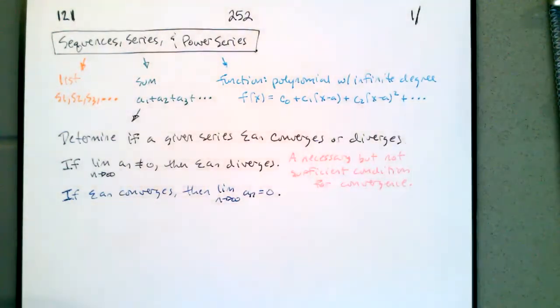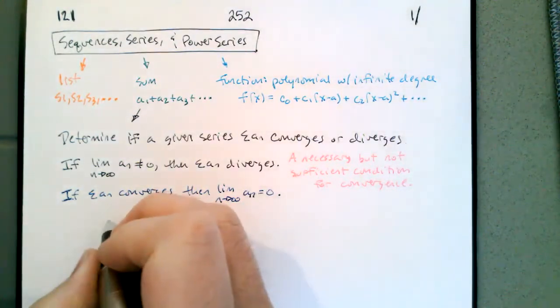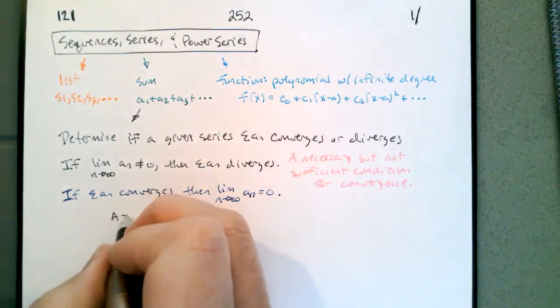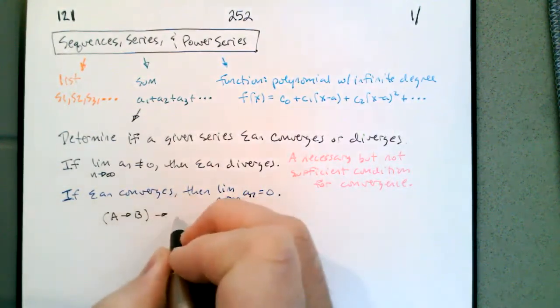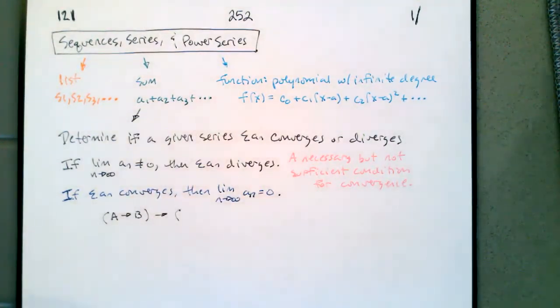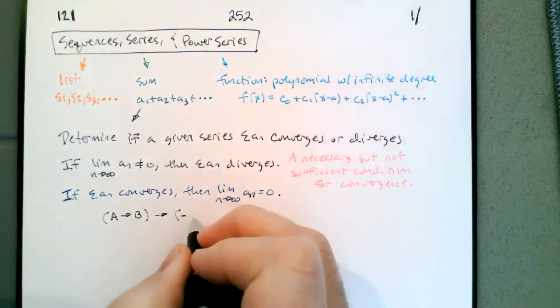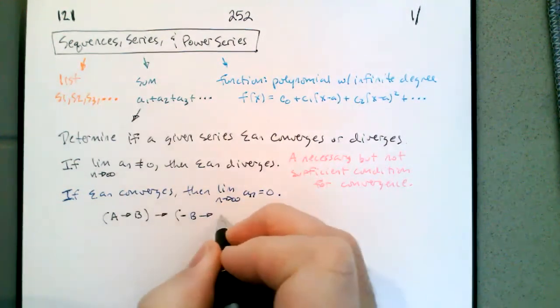So this is just the contrapositive of the previous statement. And we always get the contrapositive. If A, then B, then if not B, then not A. A implies B implies the contrapositive, not B implies not A.